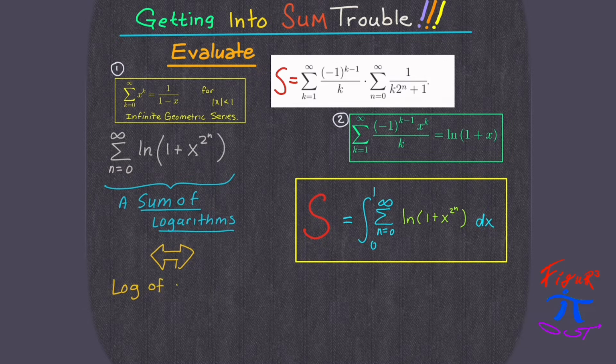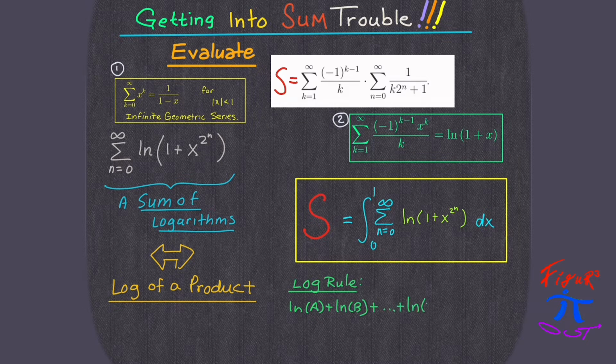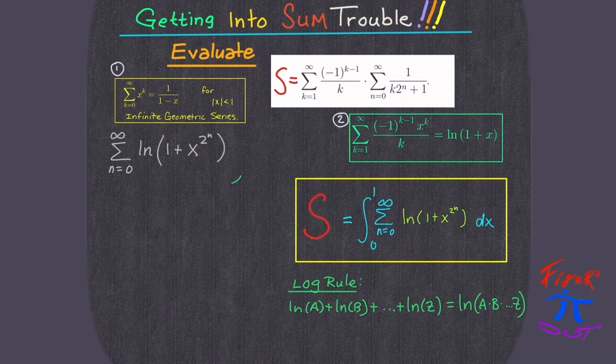And we know if we add up logarithms, that can also be written as the log of a product. This is a rule from high school algebra: if you take the natural log of a plus natural log of b plus natural log all the way up to, say, natural log of z, that's the same thing as taking the natural log of the product of a times b times all the way up to z.